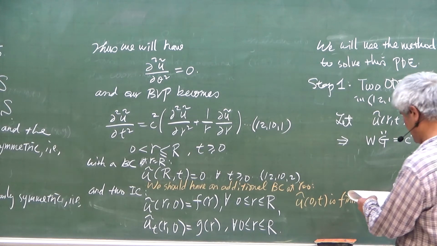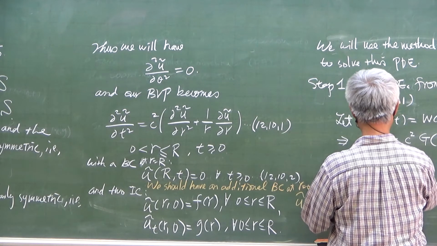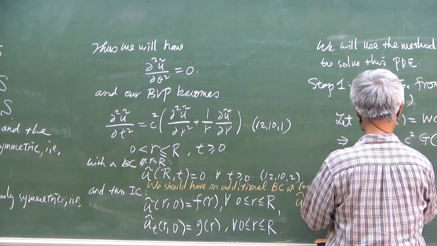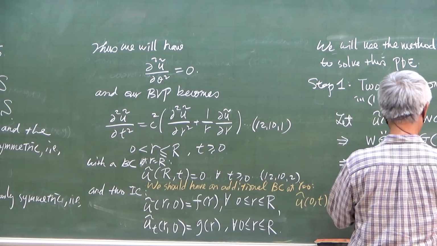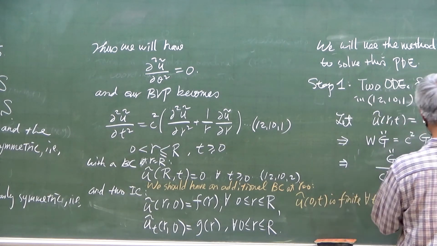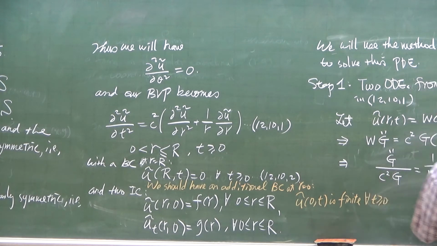So this implies that G double dot divided by c squared G is equal to 1 over W, times W double prime plus 1 over r W prime. And we write this to be minus mu.